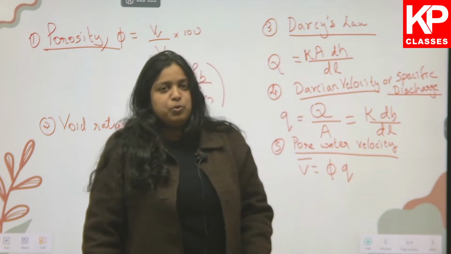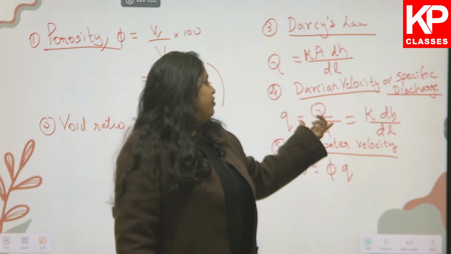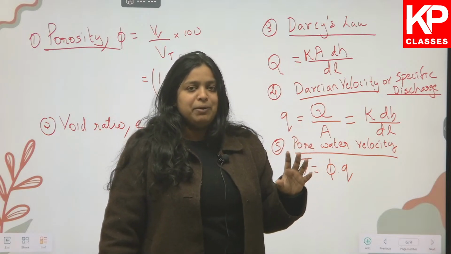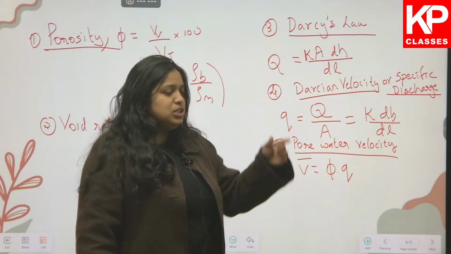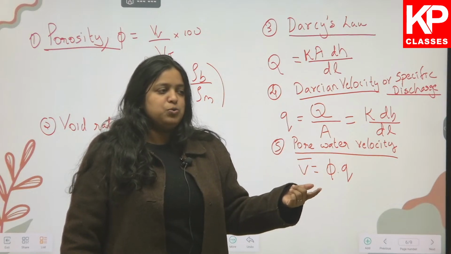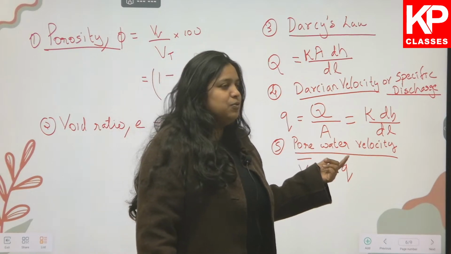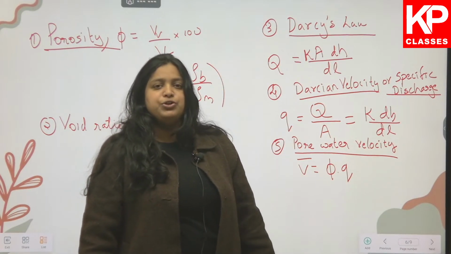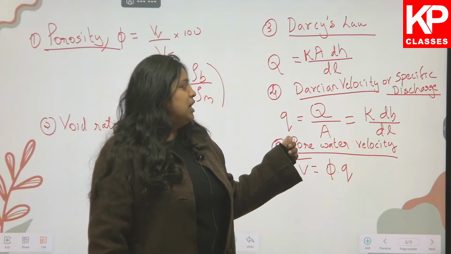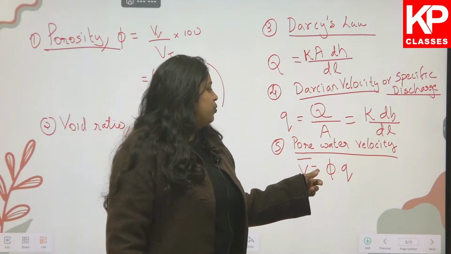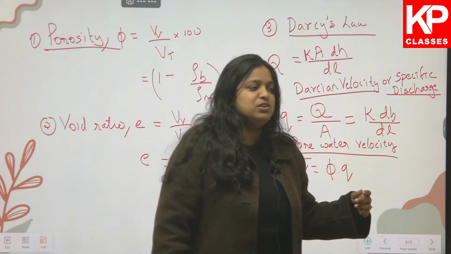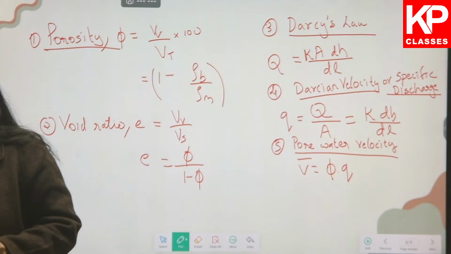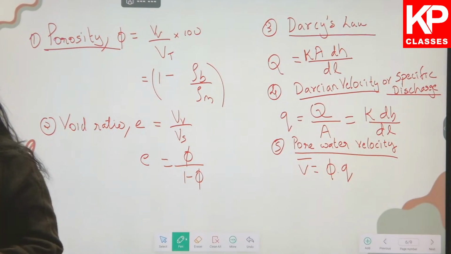We consider the entire aquifer as a single pipe, and depending upon the cross section, the distance between either end and the variation in the hydraulic head, whatever is the velocity of flow, that is the Darcian velocity. Whereas pore water velocity defines the velocity of water passing through the pore spaces.